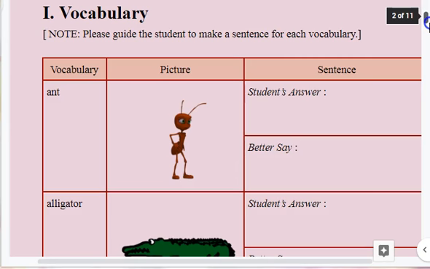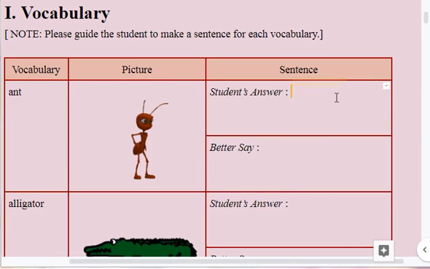Give me an example of a sentence and I will write it for you. It can be any sentence about ants.